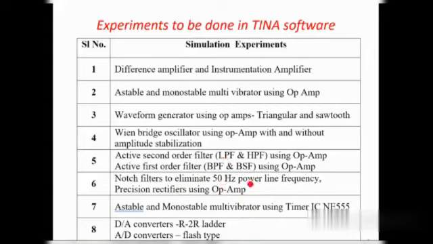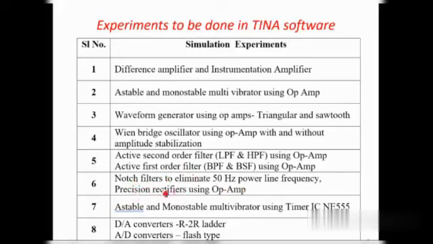All are using op-amps. And the notch filter, which we also call the band stop filter, is used to eliminate 50 Hz power line noise. This has many applications while designing a project, because usually the 50 Hz power noise will distort the signals that you are getting. So it is very useful for you to study the notch filter to eliminate 50 Hz power line noise.